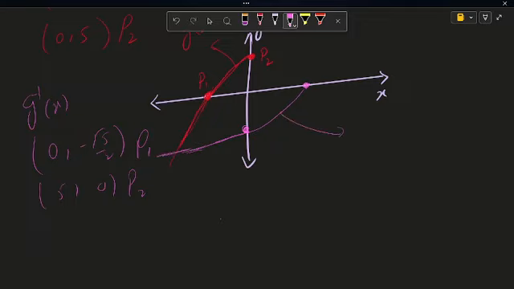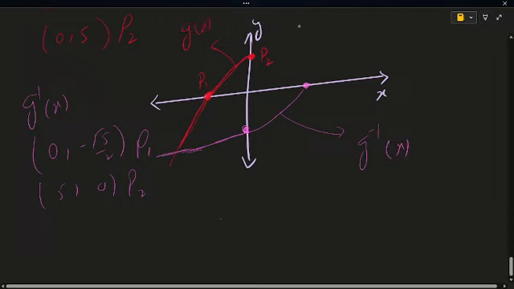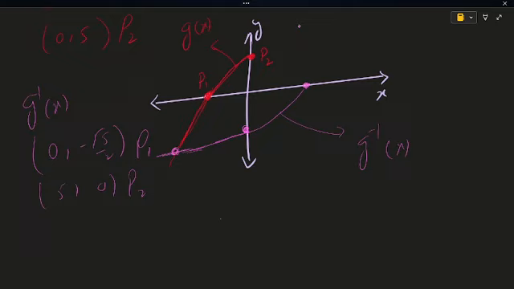So this one will be the graph for g inverse of x, and the red one will be the graph for g of x, and this is the point of intersection at which both graphs cut each other. So this is my P1, this is my P2. In this way you can do the graphing.